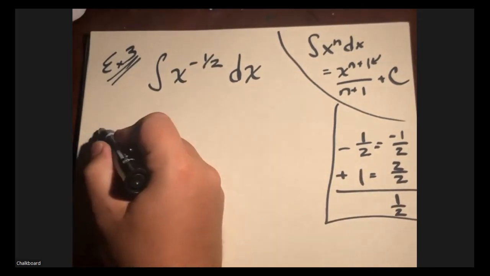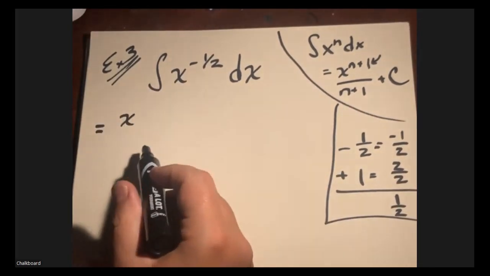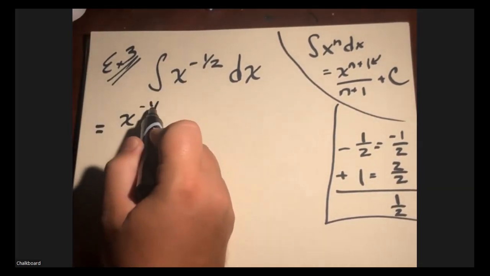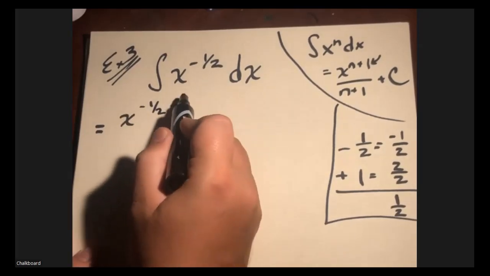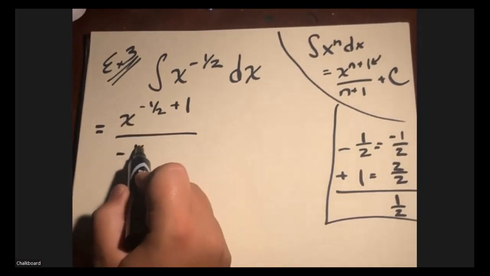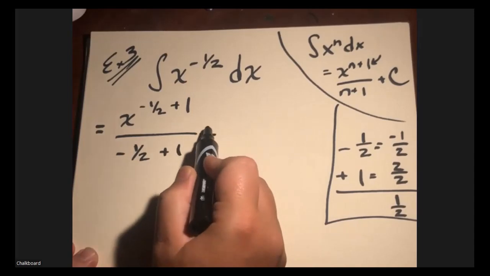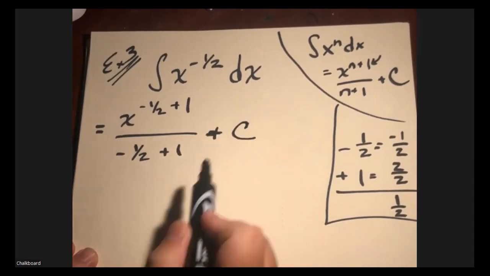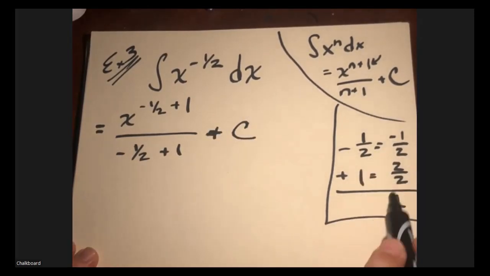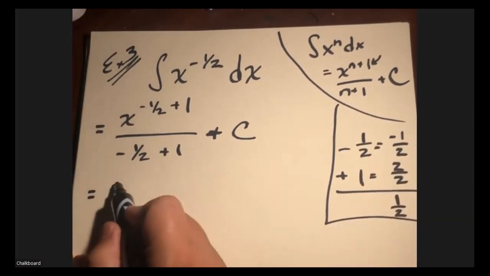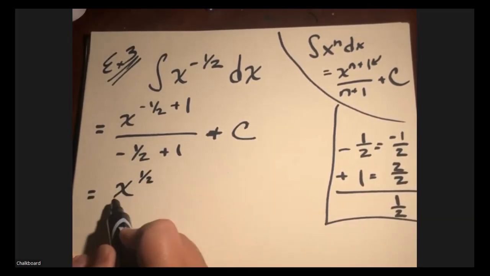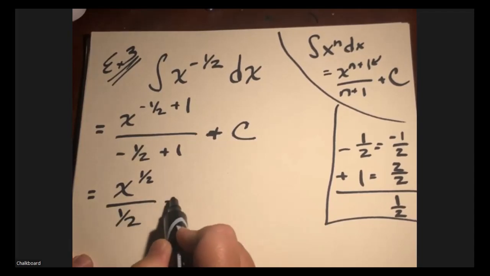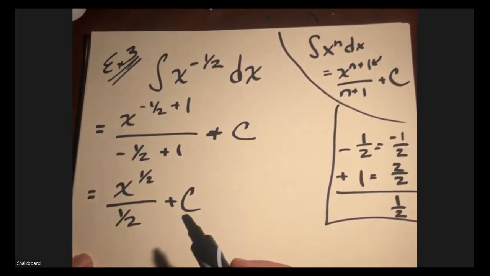It would start by writing it as x to the negative 1/2 plus 1 all over negative 1/2 plus 1 plus c. Then you try to simplify it. As we have determined, when you add these two, you get 1/2. So now it looks like this, friends. It becomes this, x to the 1/2 over 1/2 plus c. Now, what does over 1/2 mean?